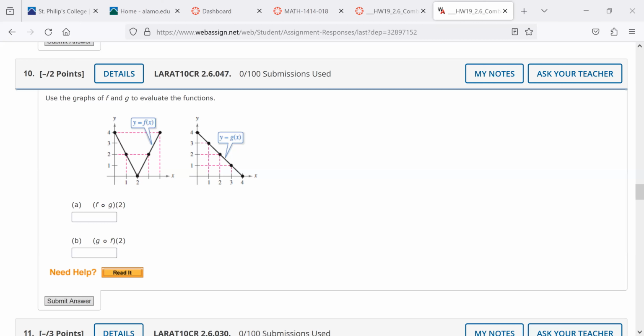So composition, if you see f of g of x, this means plug g inside the f. If you see it the other way, we'll switch it.